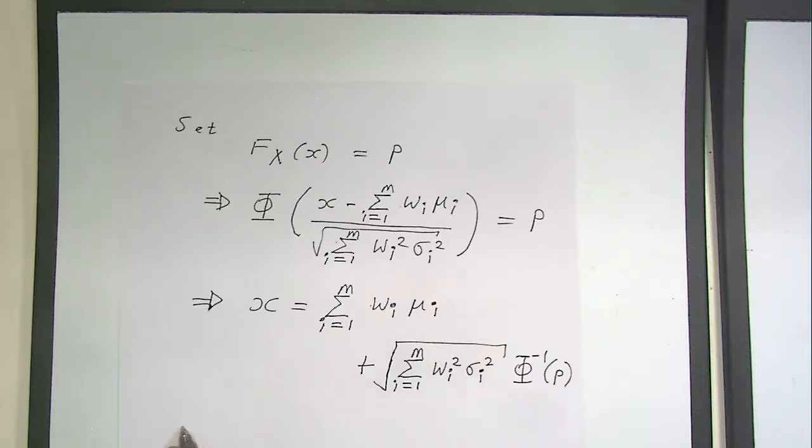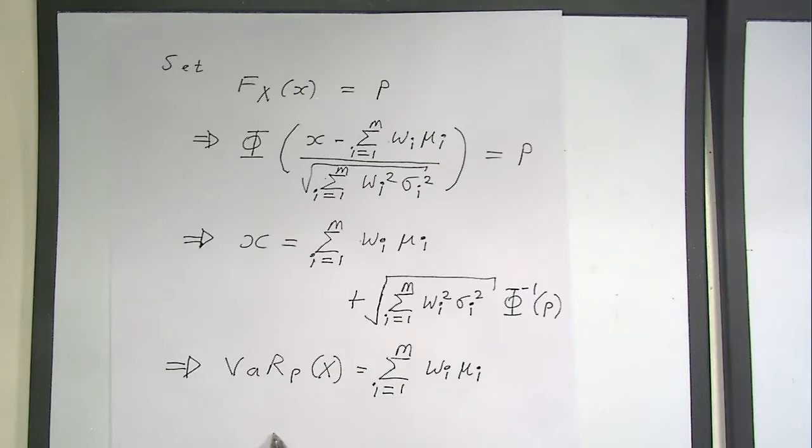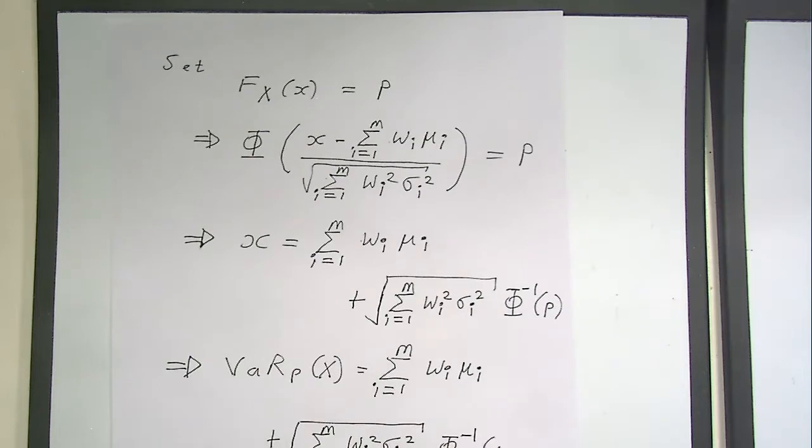So therefore the formula for VaR is equal to right.